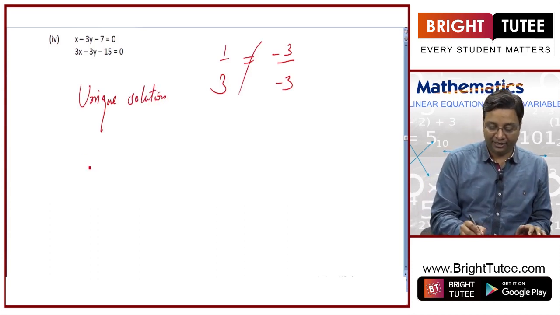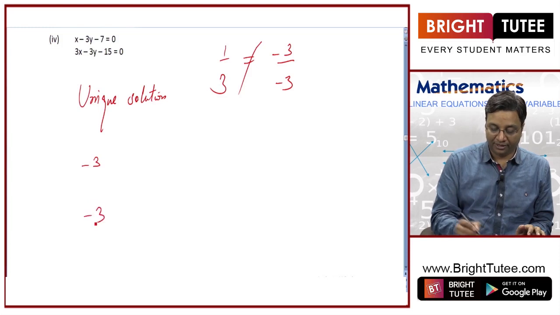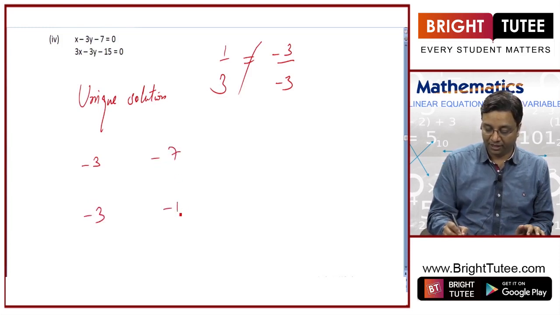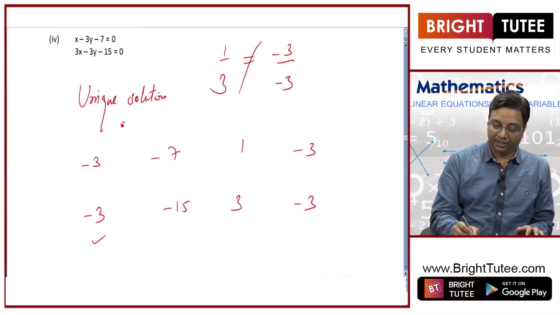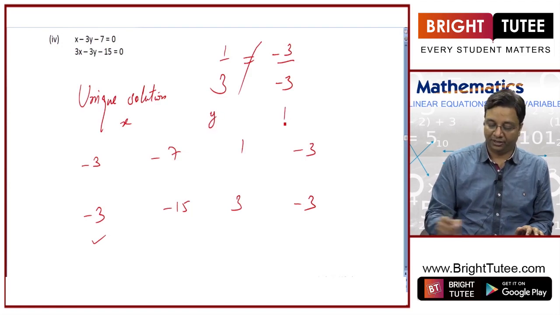So we'll again write it in that pattern: minus 3, minus 3, minus 7, minus 15, 1, 3 and this again minus 3, minus 3, x here, y here and 1 here.